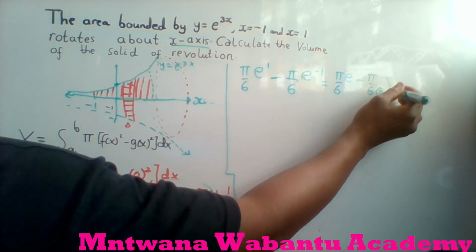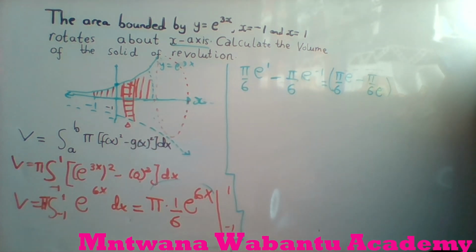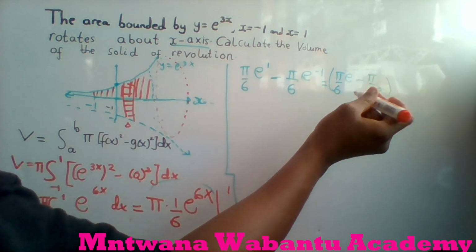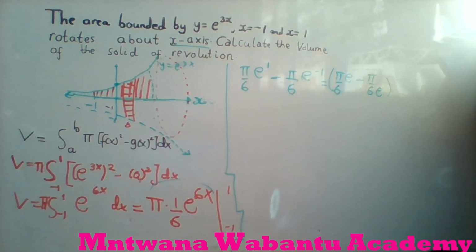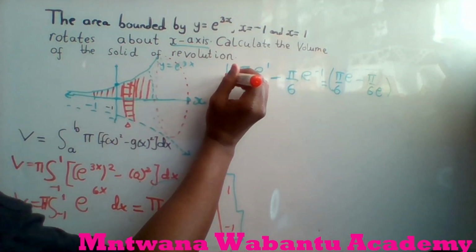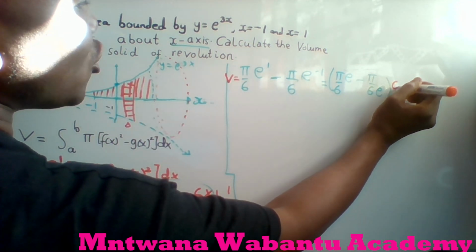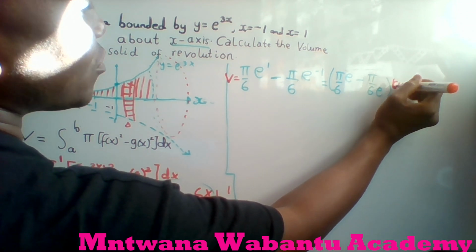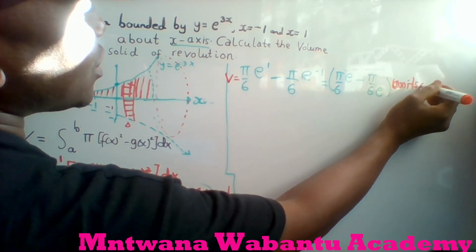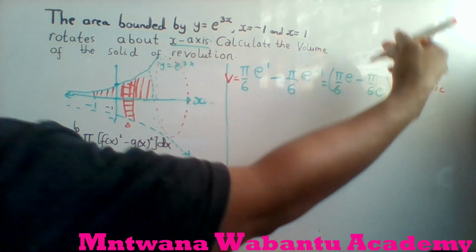Since this is a volume, it must be in cubic units, unit cube, because whenever you find the volume, it has to be centimeter cubes, meter cubes, or whatever you have. For this case, we don't know whether it could be meter or kilometer or whatever, so we say this is cubic units.